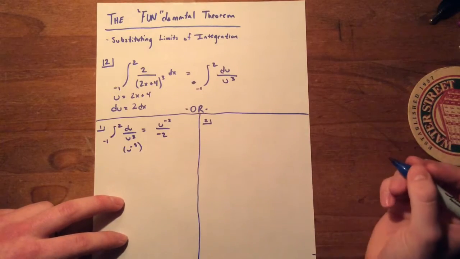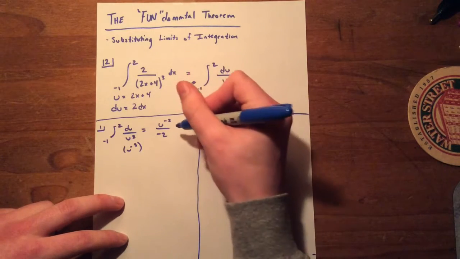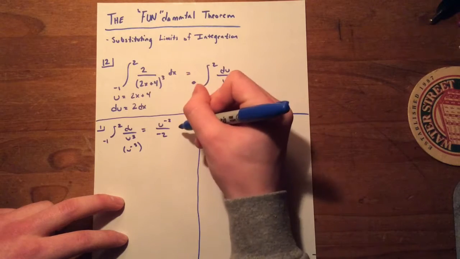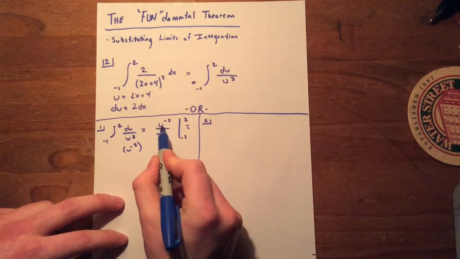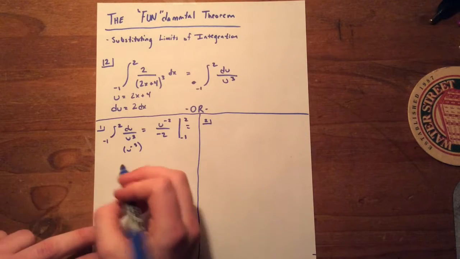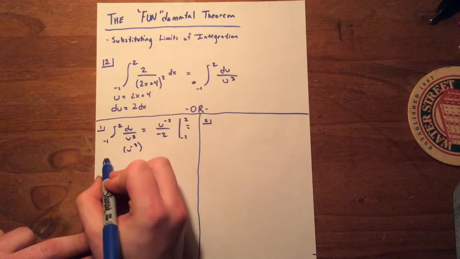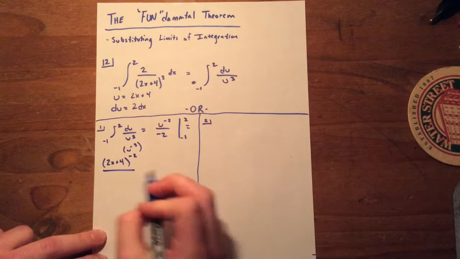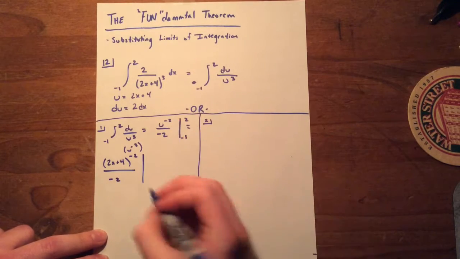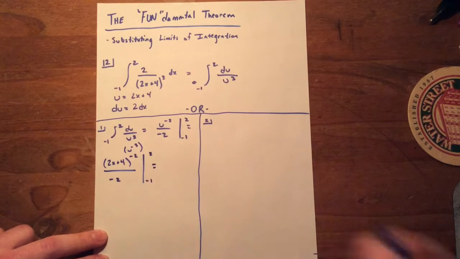And then we usually have the plus c, but this is going to be examined from the interval of -1 to 2. But we have to plug u back in order to evaluate that. So it's going to be 2x plus 4 to the negative second over -2, evaluated from -1 to 2.